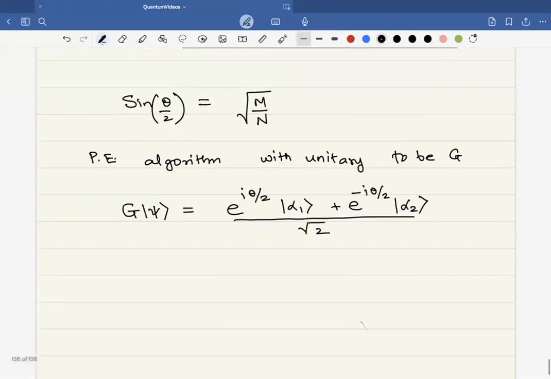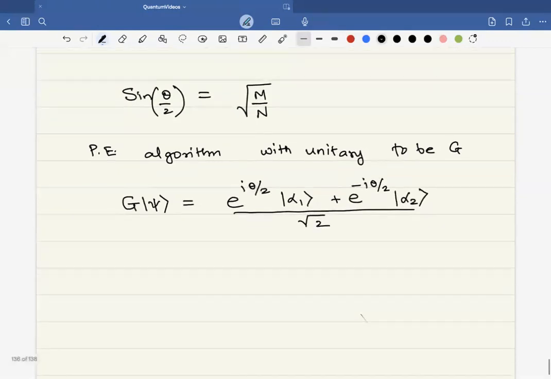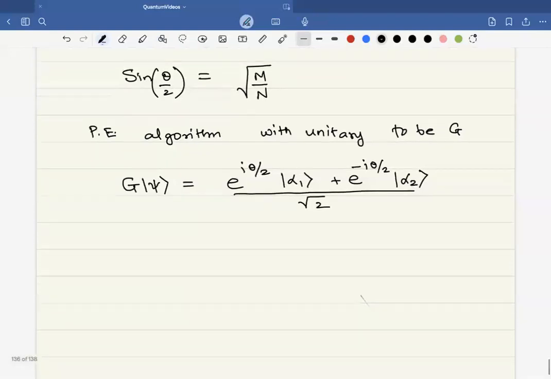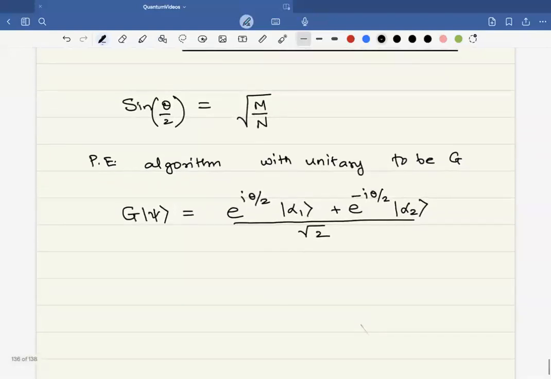So the idea of the algorithm was to do a phase estimation using G and then use the relationship. This phase estimation will give us an estimate of theta and then use equation 1 to estimate the value of M. Right. So these are the two key equations.